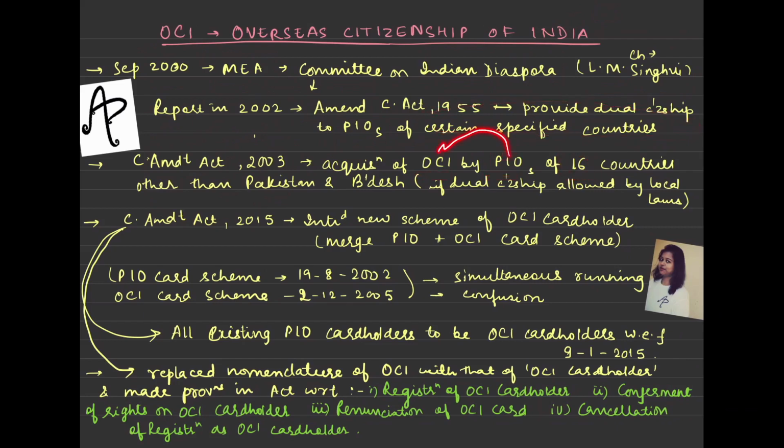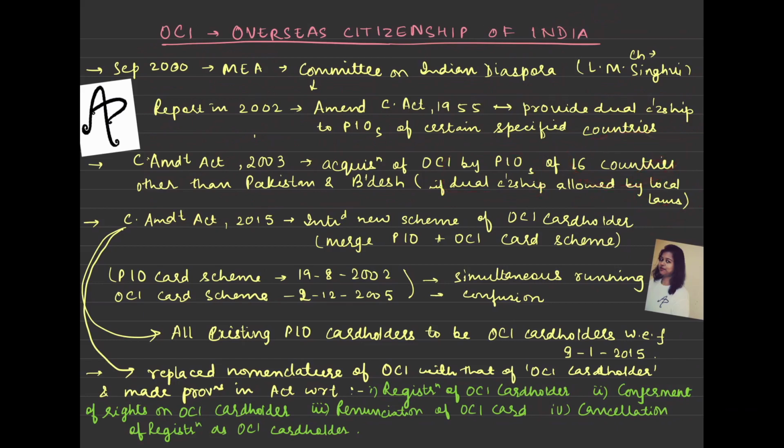So persons of Indian origin living in 16 countries, except Pakistan and Bangladesh. So the exceptions you need to remember. Which were those 16 countries is not of much significance for the exam. But they also said that this applied if dual citizenship is allowed by the local laws of the countries in which they were living.